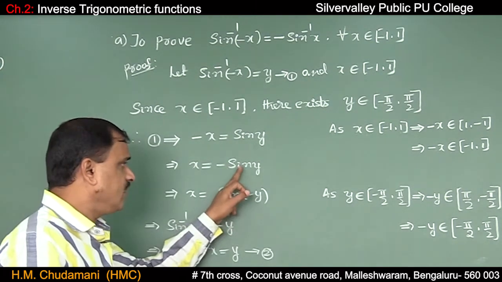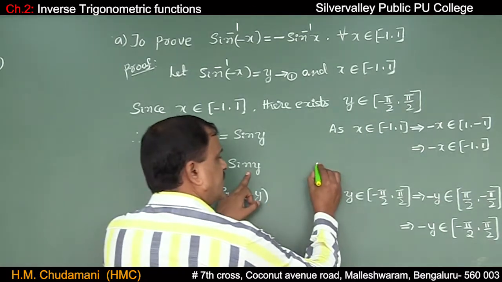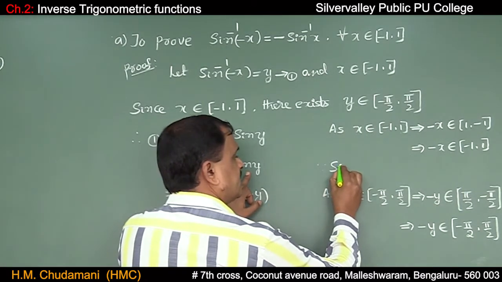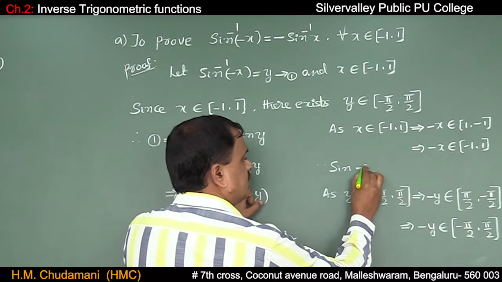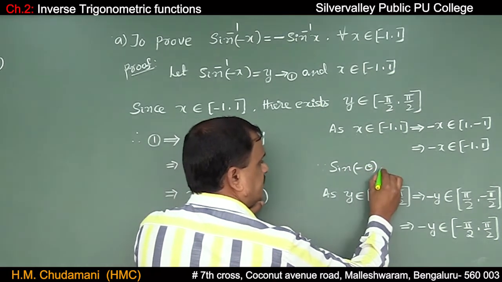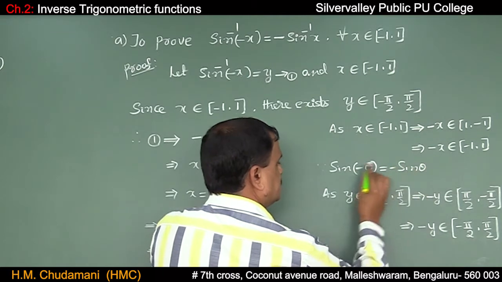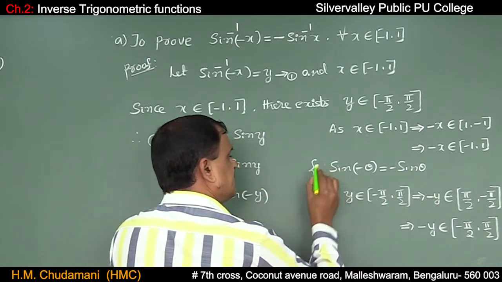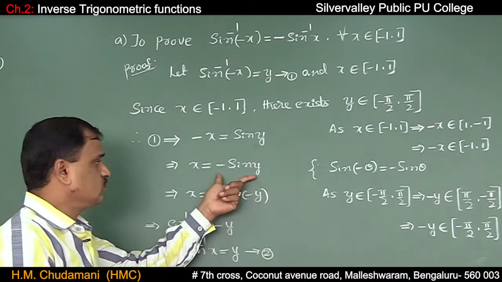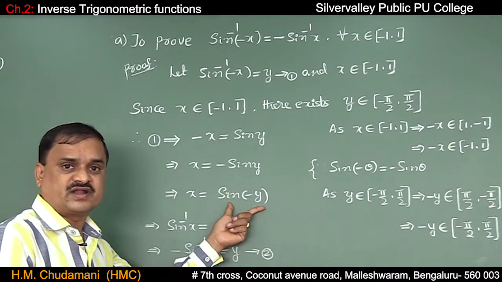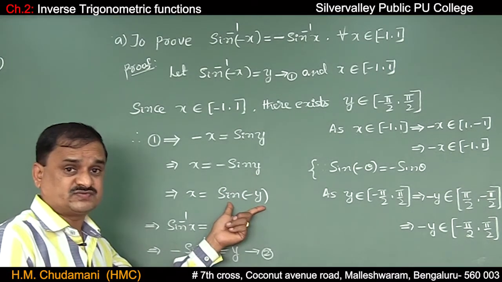We have the result from the allied angle concept: sin of minus theta is equal to minus sin theta. So minus sin y can be written as sin of minus y.